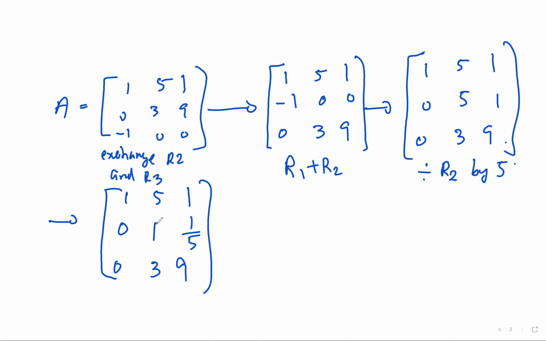So now what we do is multiply the new row 2, which was divided by 5, by -3, and add the result to row 3. So we multiply row 2 by -3, and the result of this we add to row 3.